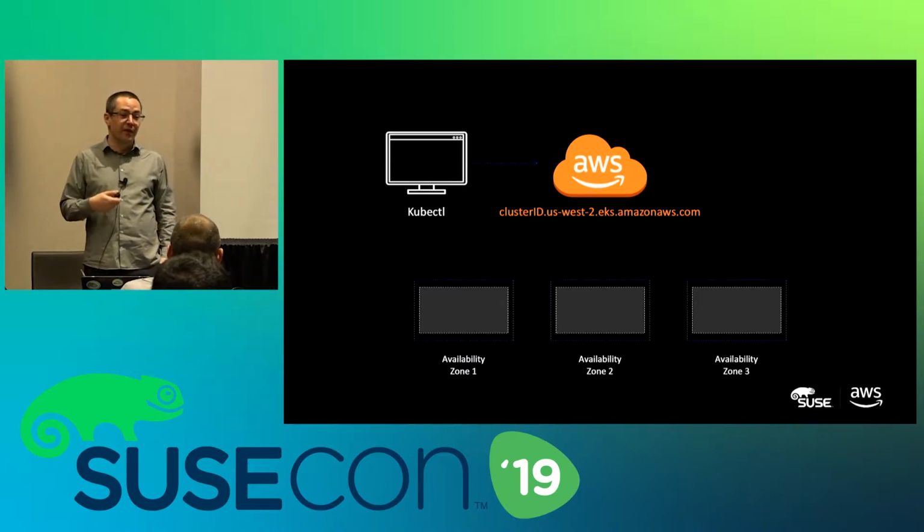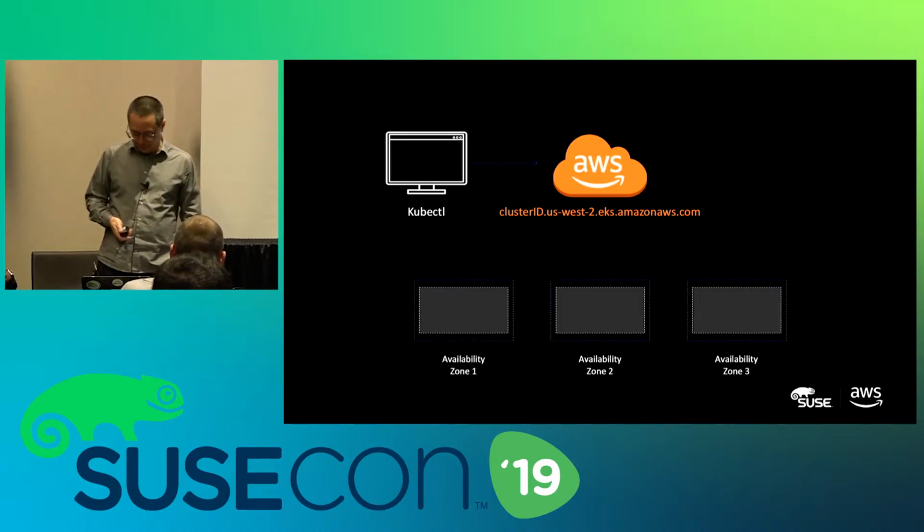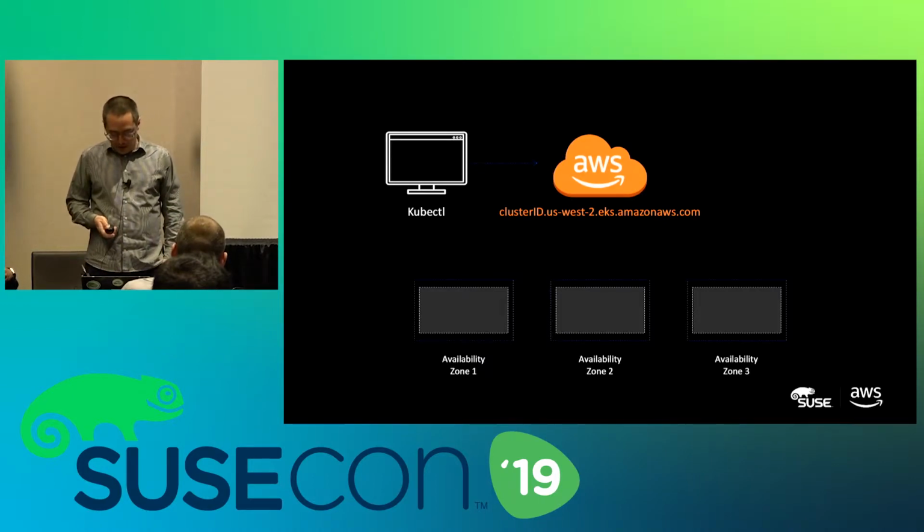Worker nodes run in the customer account. So a customer can choose their desired operating system, they can choose a configuration, they can harden that worker node as they see fit. And you can continue to use the existing tooling. So kubectl, all of the open source tooling that's out there works pretty much as is.